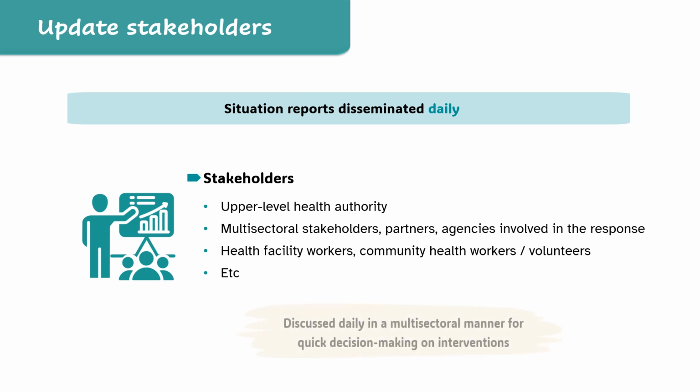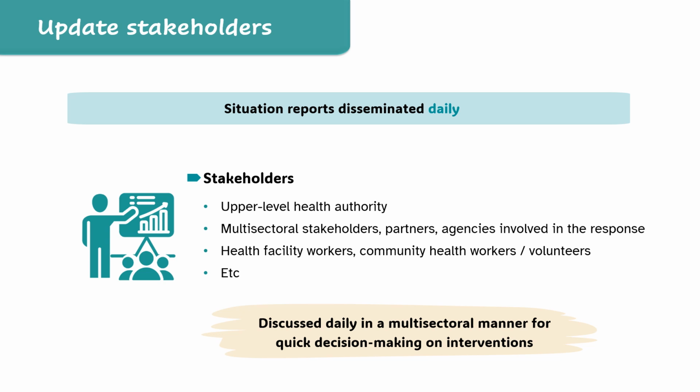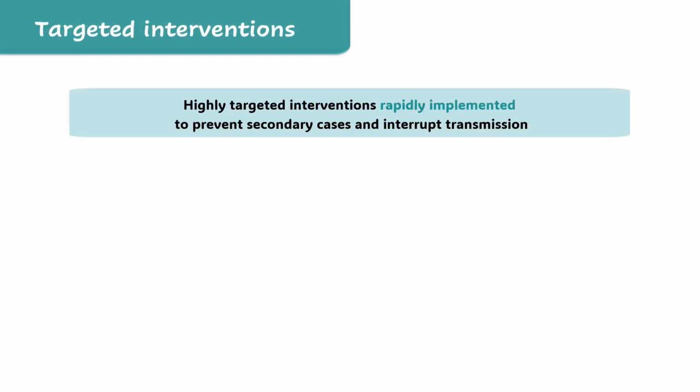The epidemiological situation should be discussed and assessed daily in a multi-sectoral manner to guide the decision-making on quick and highly targeted interventions to interrupt transmission. Highly targeted interventions should be rapidly implemented to prevent secondary cases and interrupt transmission.